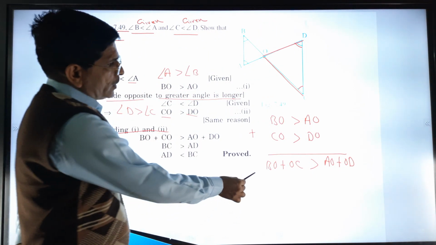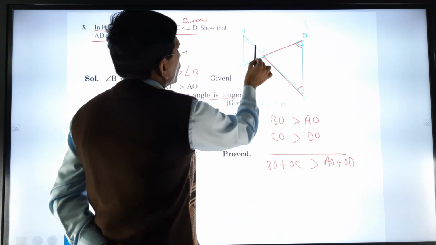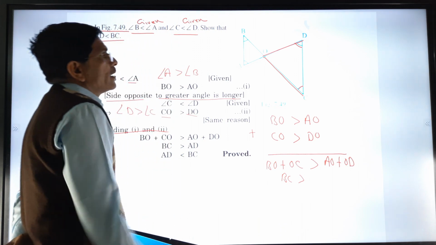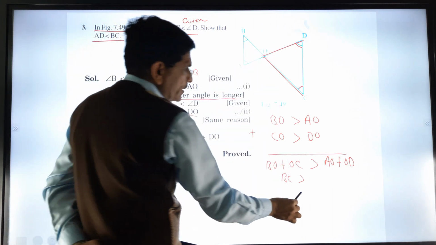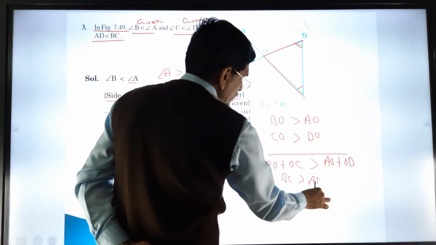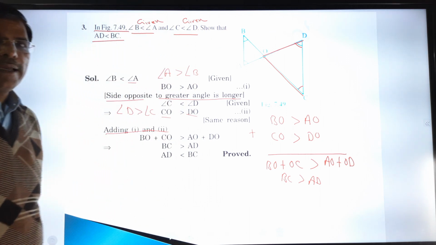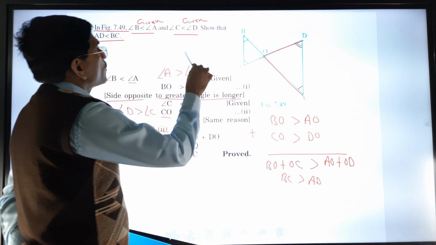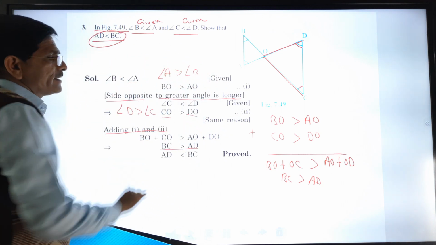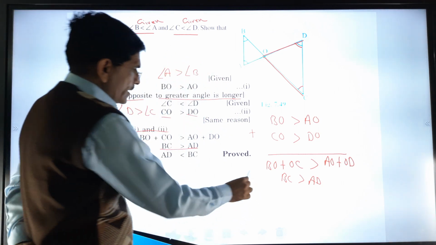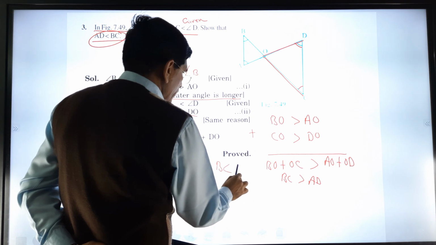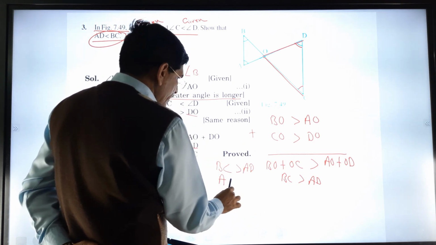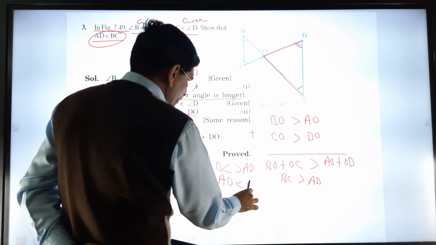Now BO plus OC is BC, and AO plus OD is AD. So BC is greater than AD. What do we have to prove? AD is less than BC. So we can say BC greater than AD, then we can say AD less than BC.